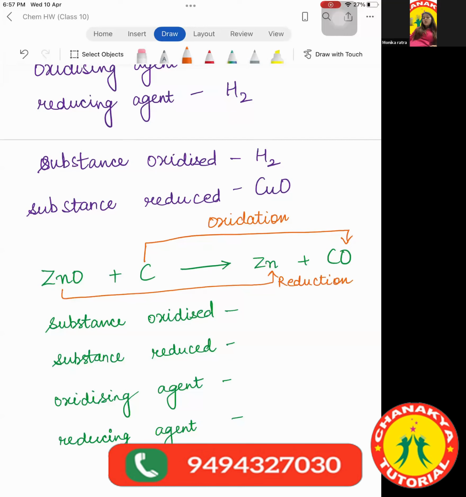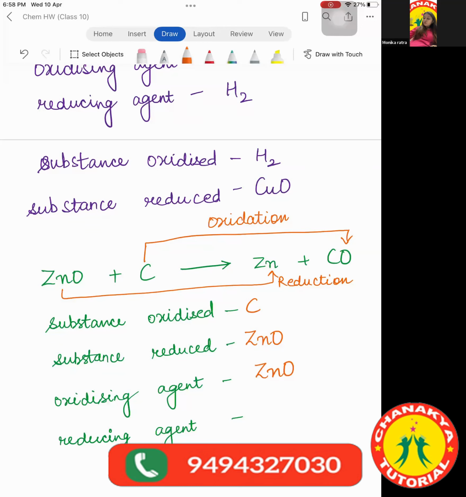Dhairya, now can you tell me which is the substance oxidized? The substance oxidized is carbon. Right. Dhriti, can you tell me which is the substance reduced? Ma'am, ZnO. Good. Aryan, can you tell me which is the oxidizing agent? ZnO. Good. Abhinav, can you tell me which is the reducing agent? Carbon. Any doubts, anyone?